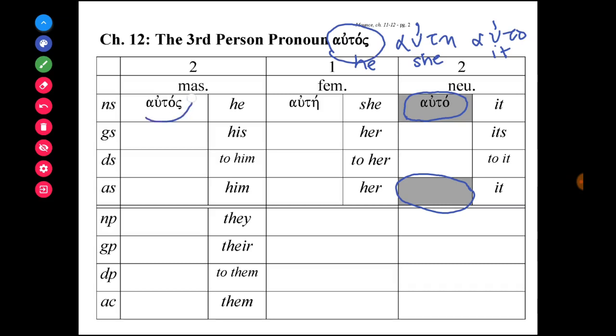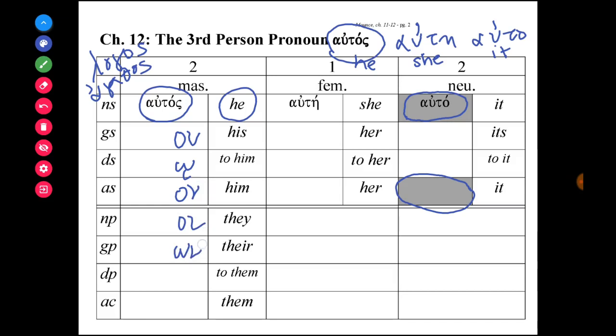So autos is the word that we use for "he," and this third person pronoun is going to use the second declension masculine endings, as we would see in the noun logos or in the adjective agathos. So it's going to look exactly the same. If I were to simply write this out: os, ou, o iota subscript, on, oi, on, ois, ous.